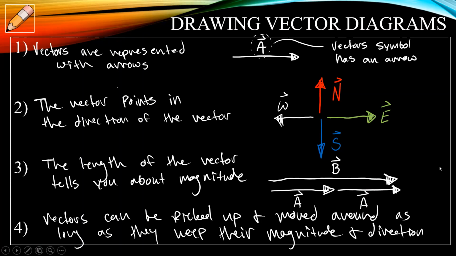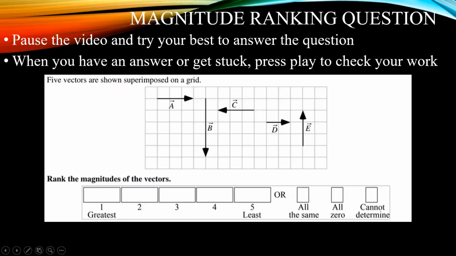The next thing I wanted you guys to do is just to check and make sure we're getting this. I wanted you guys to try a ranking question. So basically, this question is saying 5 vectors are shown superimposed on a grid. And the question is, you want to rank the magnitudes of the vectors from the greatest magnitude to the least magnitude.